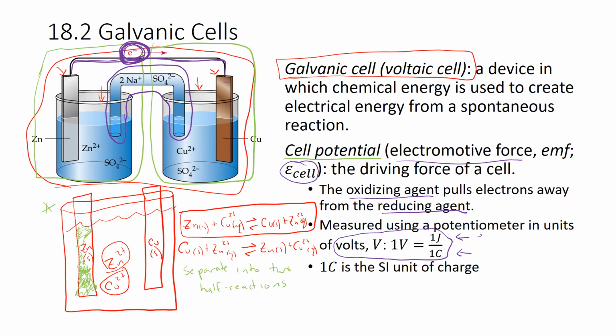So it's essentially an amount of energy over the charge, an amount of energy you can get per amount of charge that moves from one place to another. The coulomb, the C, we may not have actually looked at back in 101, is the SI unit for charge.